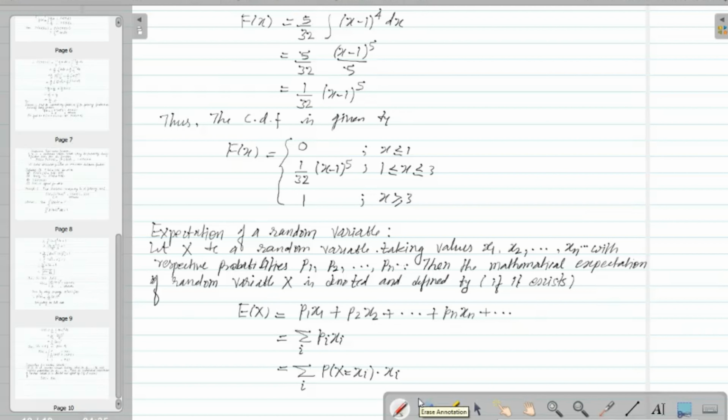Okay, let us do a sum based on this expectation. Yes, sir. Okay, write down the problem based on this. Example number how much?